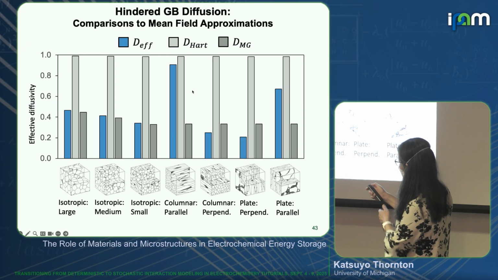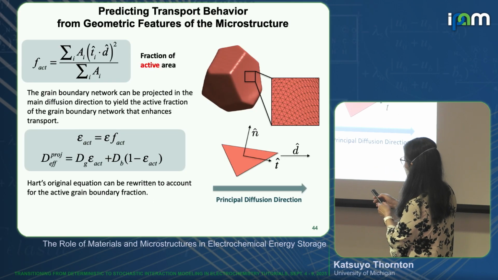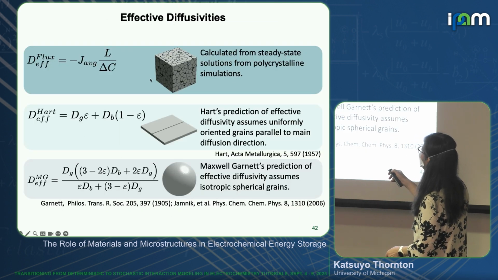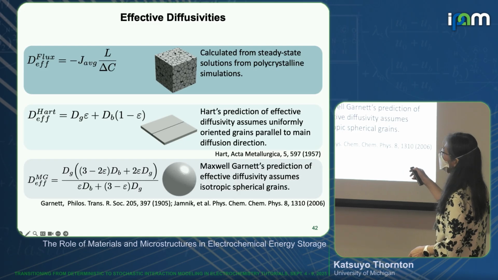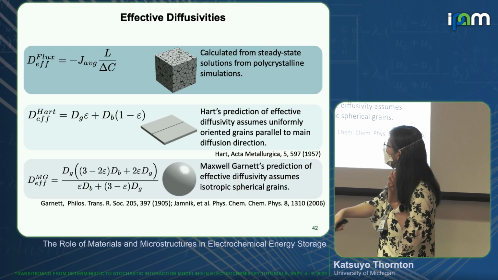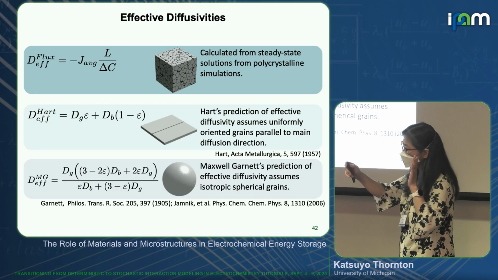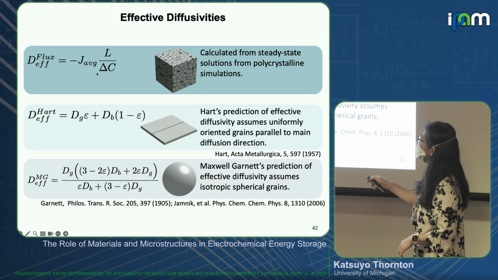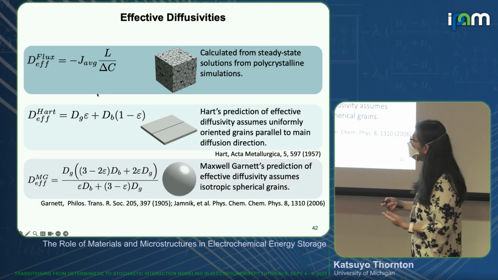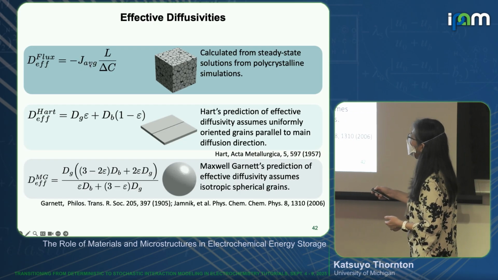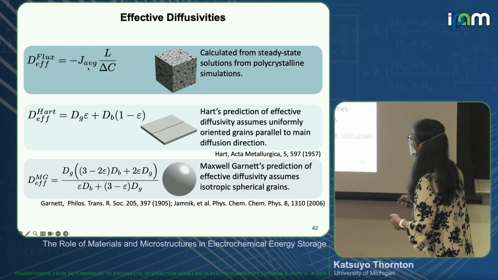We just calculate the flux. We set the boundary condition: constant concentration on one side, another concentration on the other side, and then just calculate the effective diffusivity through that system after calculating the average flux.